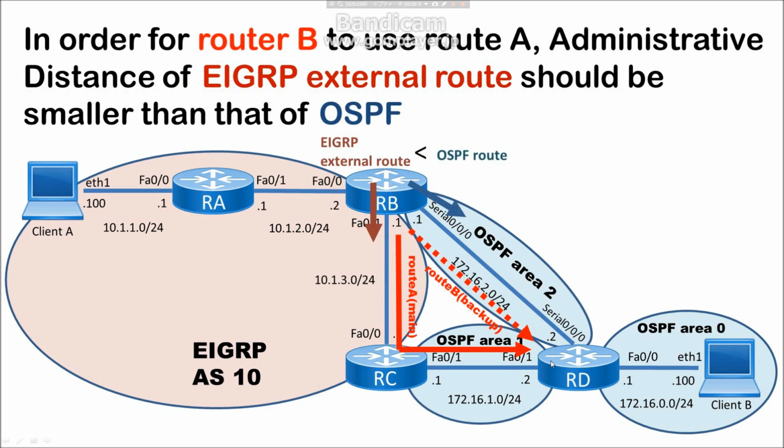So in order for router B to use router A, the administrative distance of the EIGRP external route should be smaller than that of OSPF. In other words, we should make router B choose the EIGRP external route over the OSPF route. Router B chooses its route by administrative distance, known as AD. So we should configure the EIGRP external route AD and make it smaller than the AD of the OSPF route.